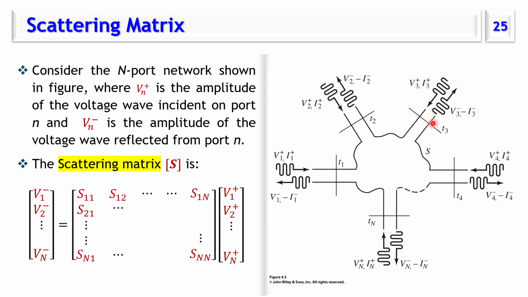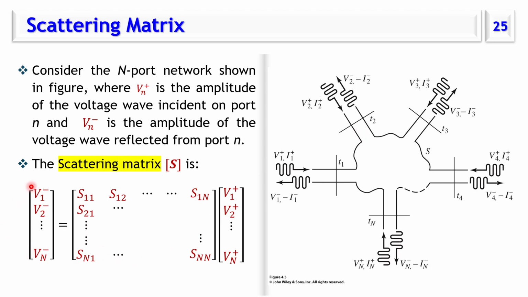If any physical port carries, for example, two modes, it will be represented in the network as two electrical ports. So the ports here are not the physical ports; they are the electrical ports. Each port represents a single propagating mode in a single physical port.